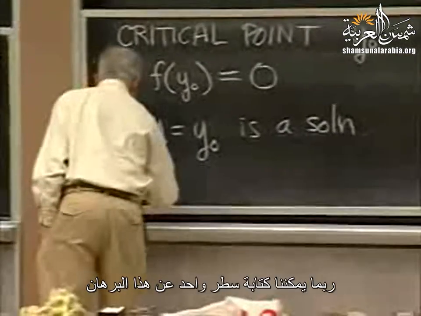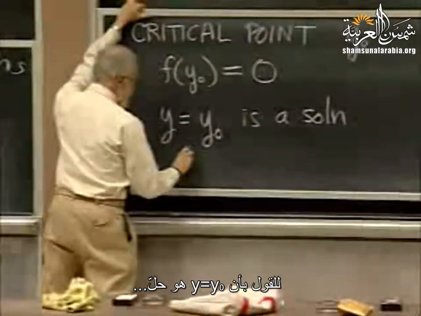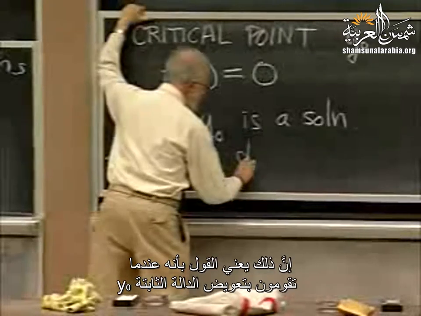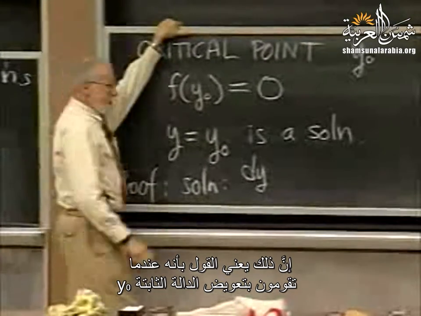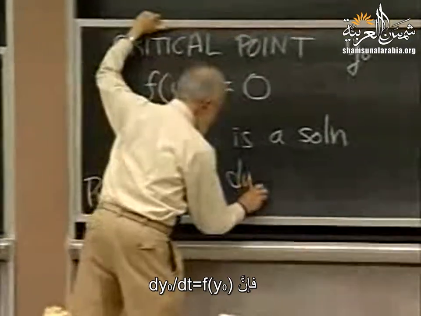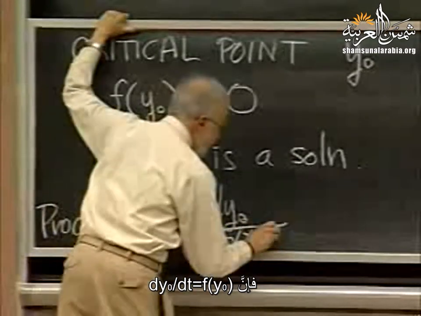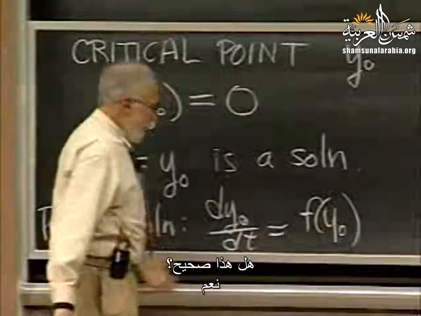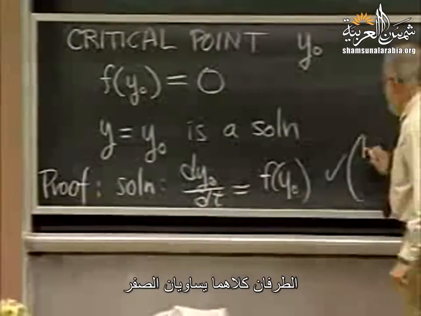So the reasoning, if you want reasoning, is a proof. Maybe we can make one line out of it. What does it mean to say that it's a solution? It means that when you plug in this constant function, y0, dy0/dt is equal to f of y0. Is that true? Yeah, both sides are 0.